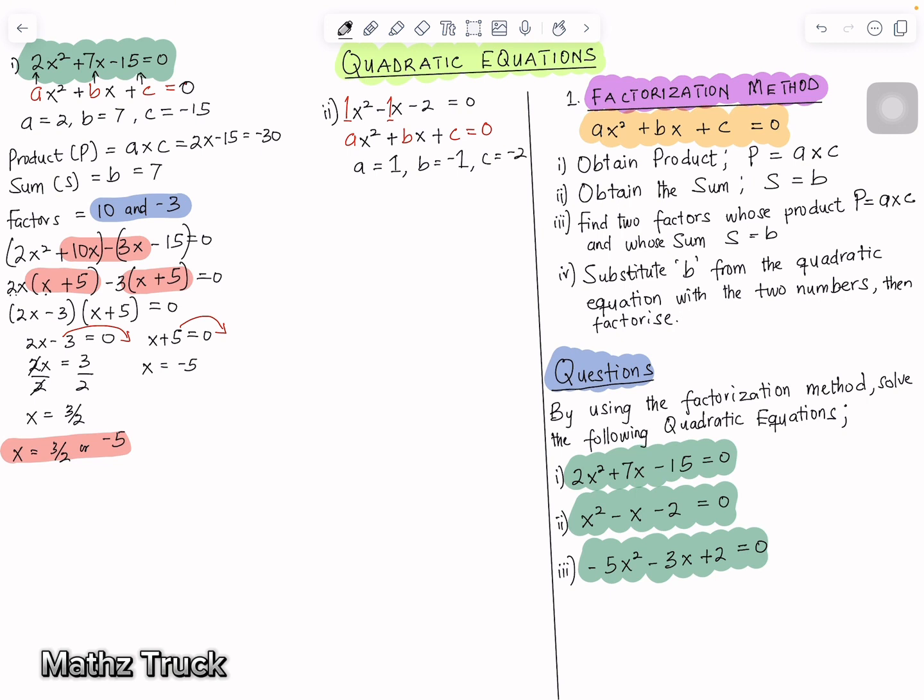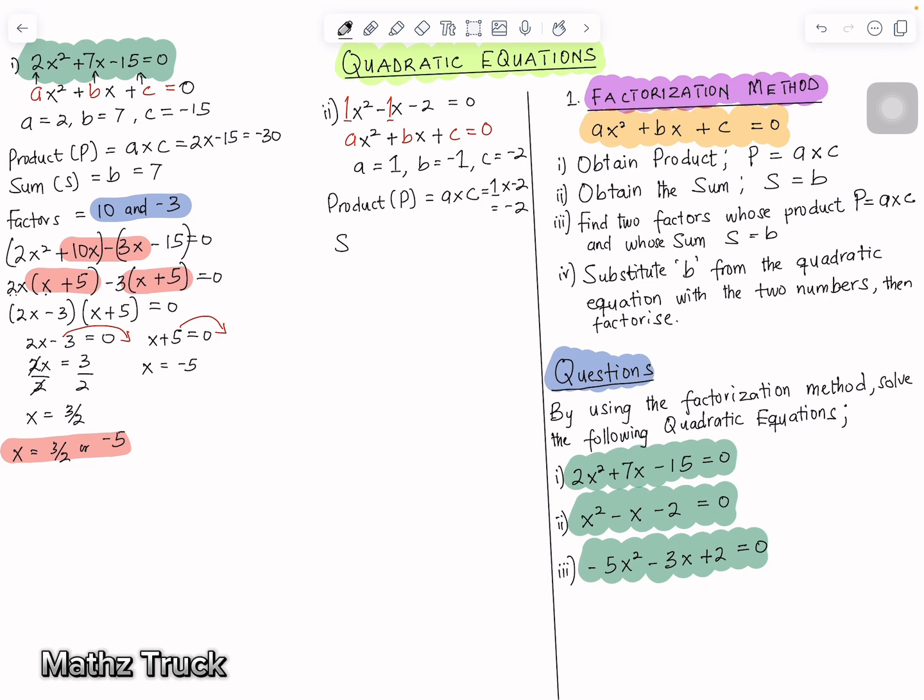Now, to solve this, you have to find the product, which is a times c. We have a to be positive 1 times c to be negative 2. This gives us negative 2.